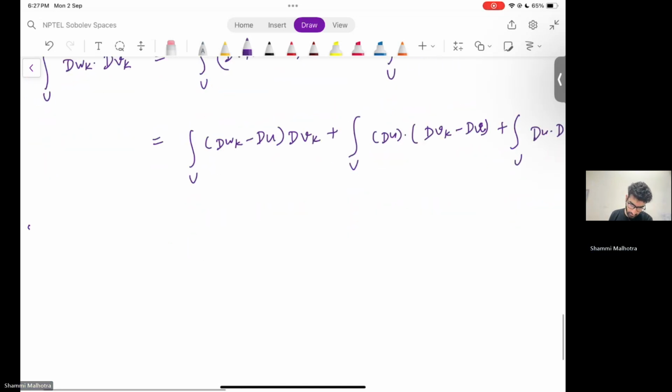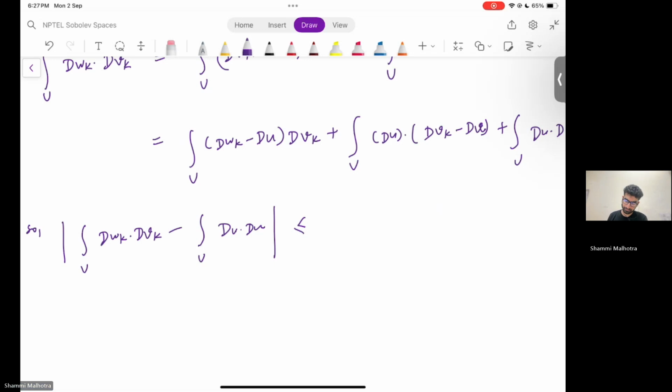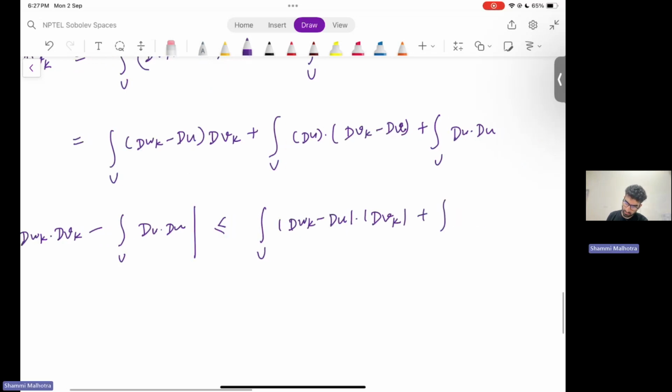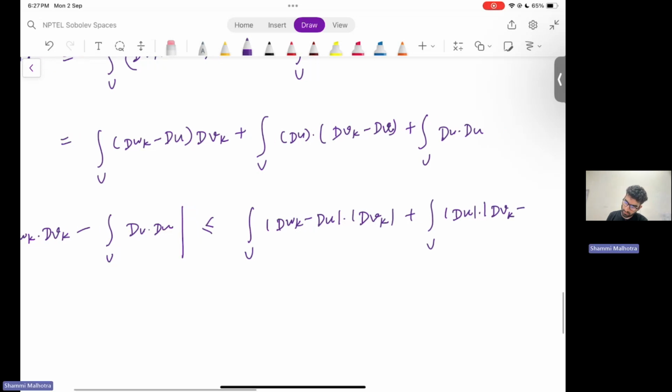So we consider the difference of this thing, dwk dot dvk minus integration of u of du dot du. This is less than or equal to the modulus of the individual terms. So this is mod u minus dwk minus du dot dvk plus integration of u of du dot dvk minus du.